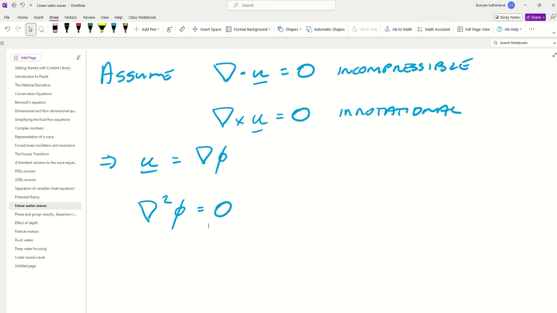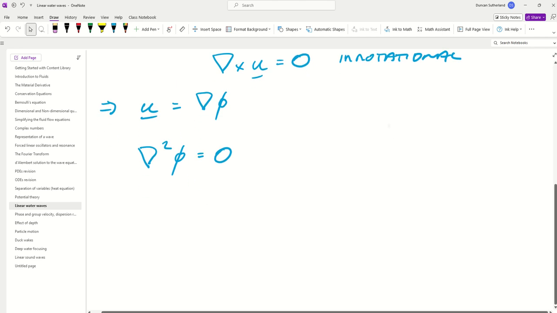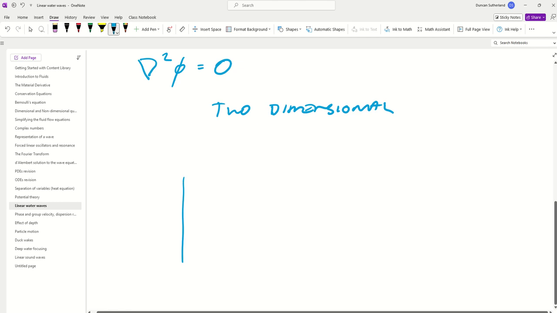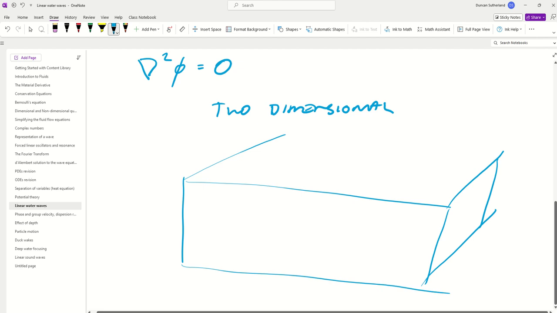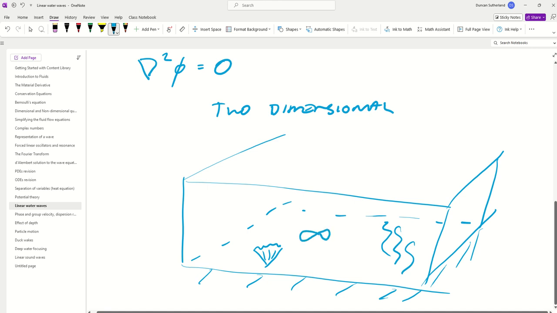We're going to assume that the flow is 2D. Now, that assumption just says something like this. If this is your nice rectangular slice of the ocean, where you've got the seabed down there, and you've got your clam, your seaweed, little fishy.